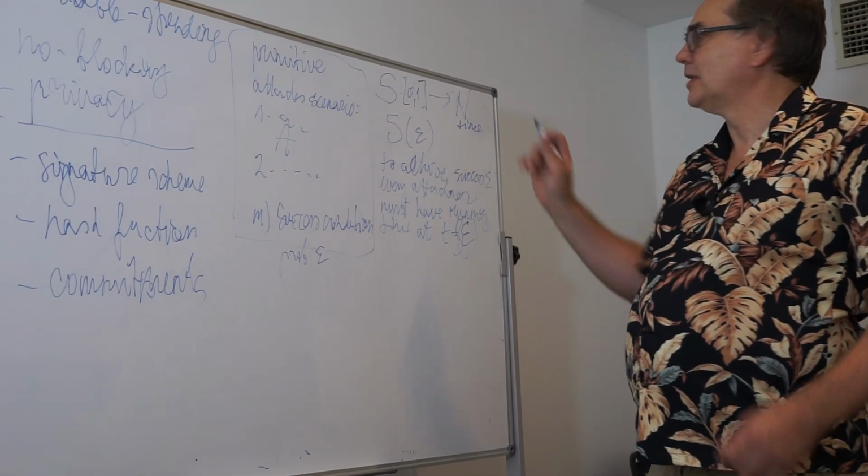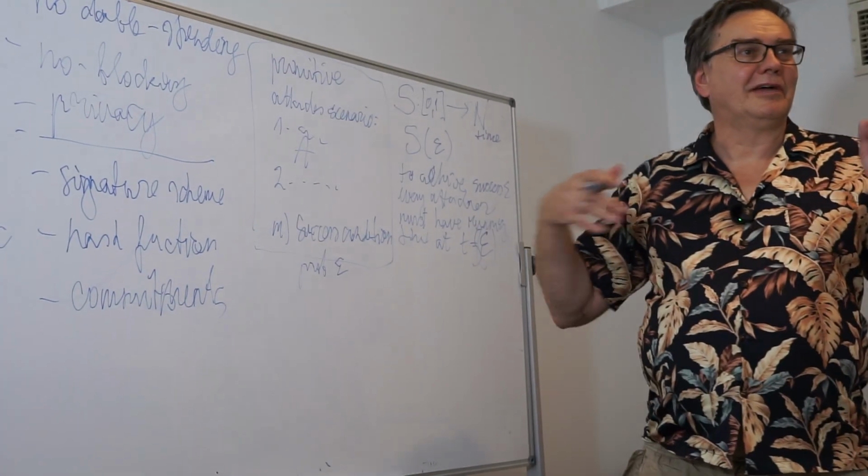So S of epsilon tells what the minimum running time is for any adversary.